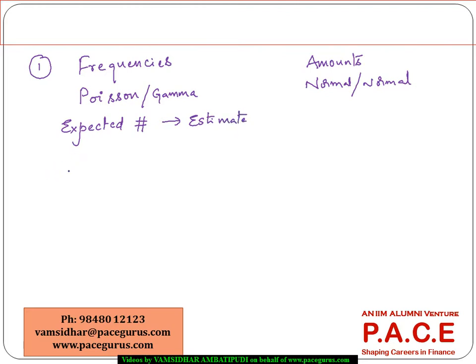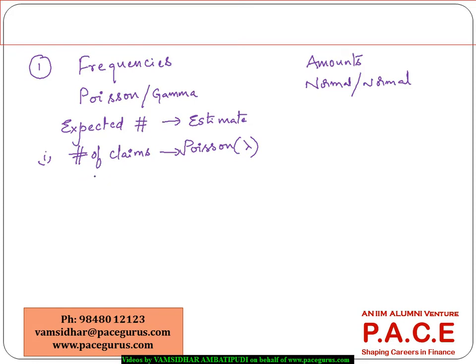So we typically start by breaking this problem into two parts. The number of claims, the frequency of claims each year, follows a Poisson distribution with a parameter lambda.